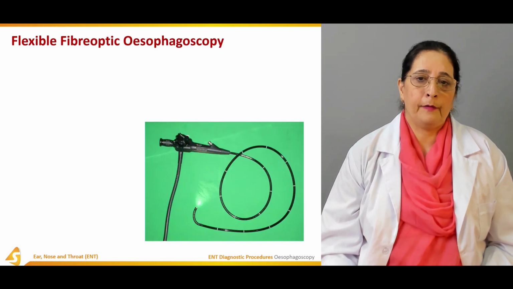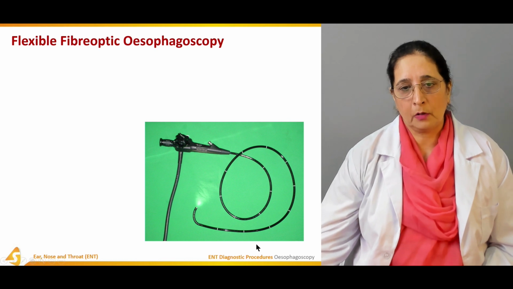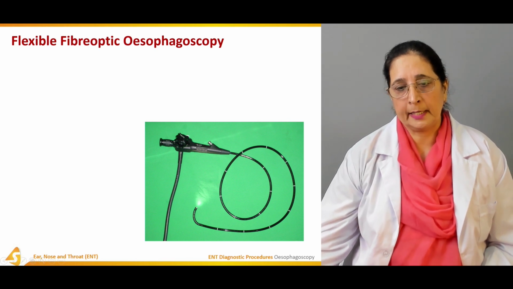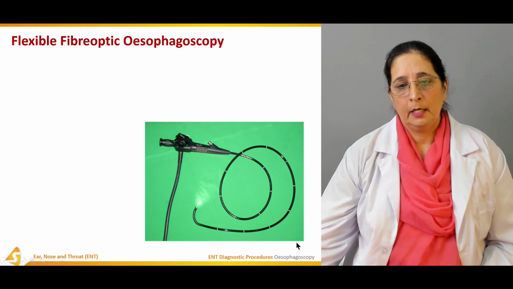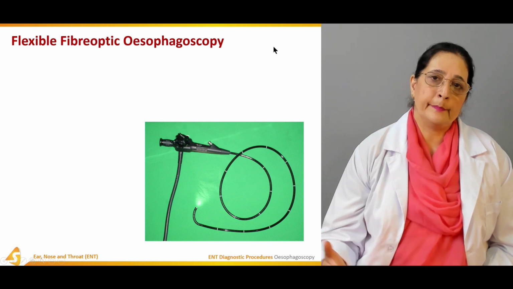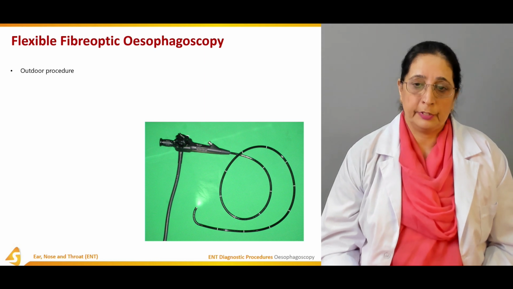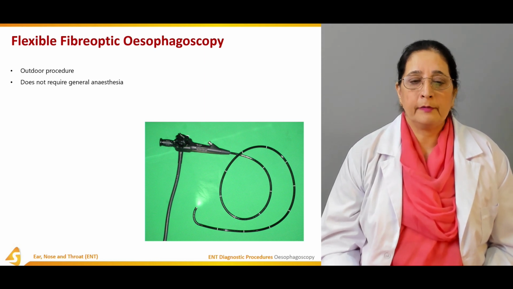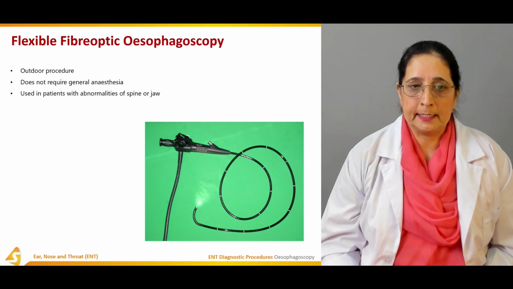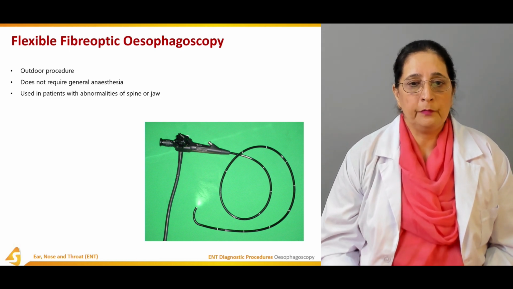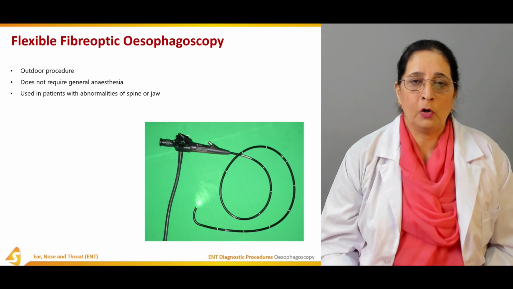Next, flexible fiber optic esophagoscopy. Here you can see the flexible fiber optic esophagoscope as compared to the rigid esophagoscope. It is an outdoor procedure and does not require general anesthesia. It is used in patients with abnormalities of the jaw or spine.